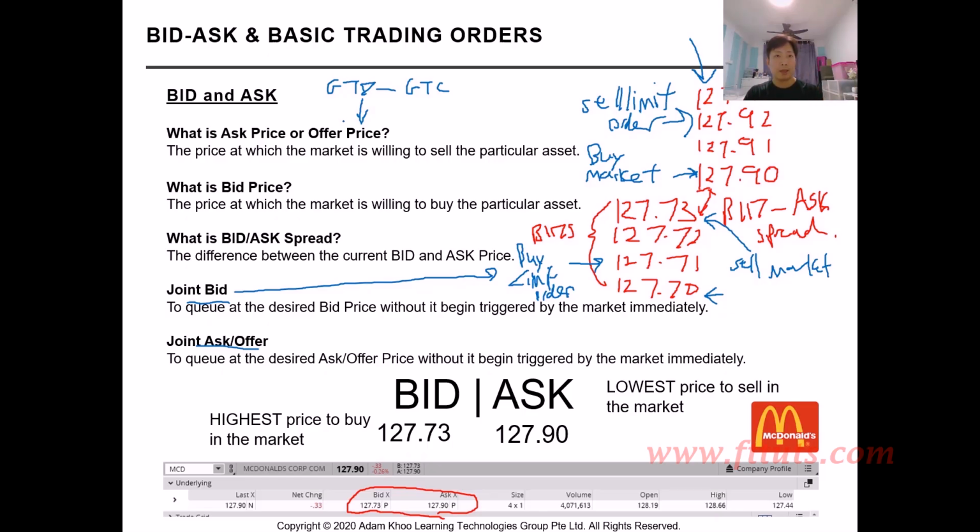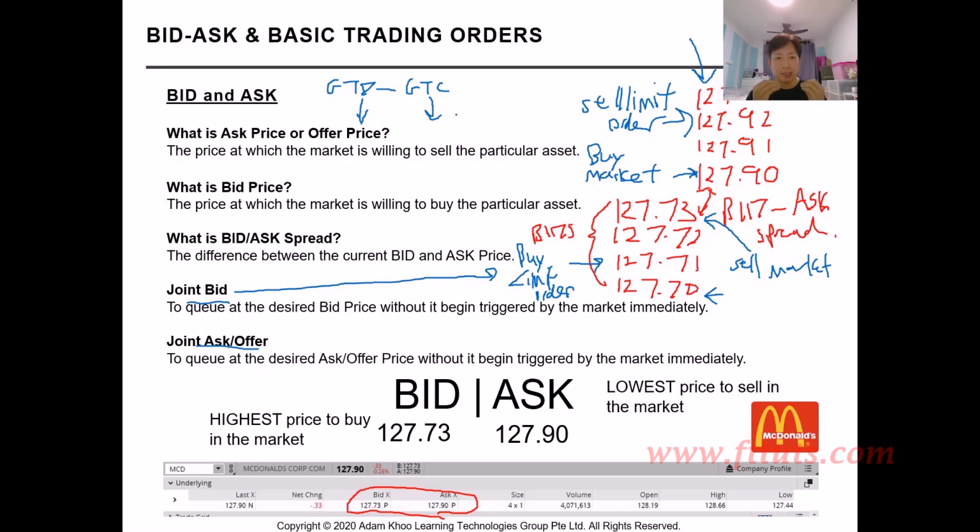And if you put an order called GTC, good till cancel, the order will be there forever and ever until you personally cancel it. 99.99% of the time I use GTC orders, especially when I enter the position using the OCO bracket. I will leave it as GTC because I want to do my own things and I do not want to worry about the order expiring.